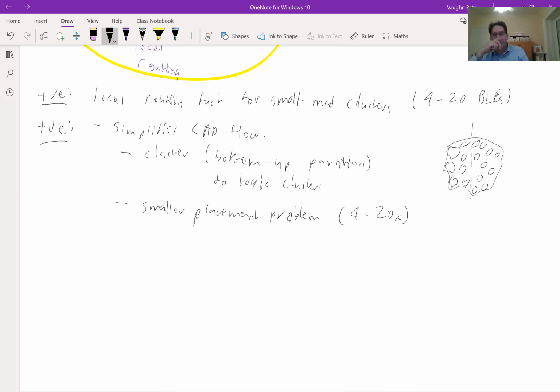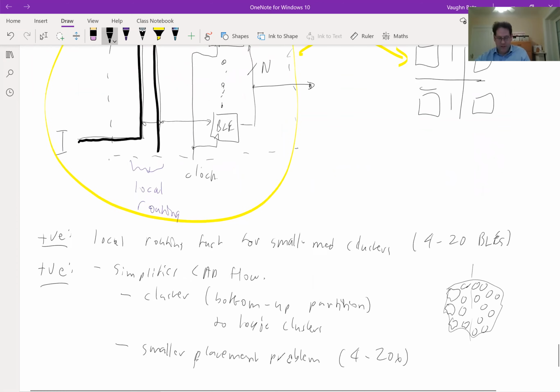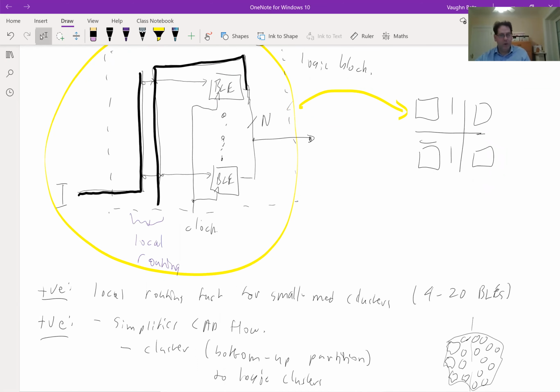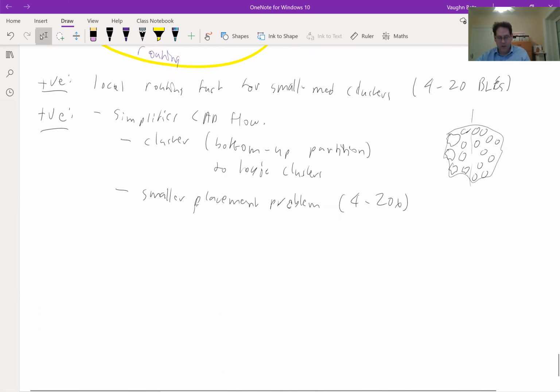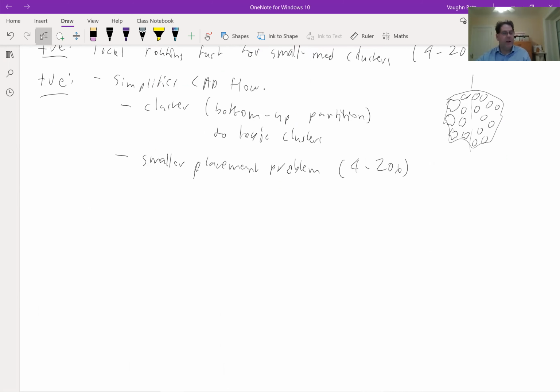I have a question though. If I decided that clustering is a good thing, do I really need to make these more complicated logic blocks, or could I just use clustering in my CAD flow to help placement no matter what? Whether or not I actually have these logic clusters in my architecture. So what do you think?